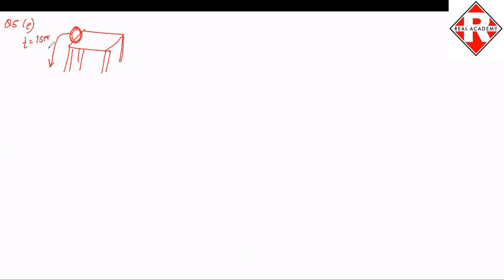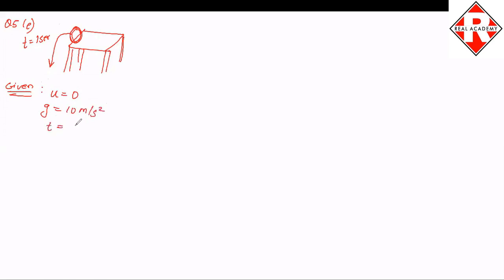Again, we are considering a free fall, right? First of all, given data: I'm considering free fall, so in that case, initial velocity will be 0. Since the ball is falling downwards, it is acted upon by acceleration due to gravity, so it will be positive. So G is given to be 10 meters per second square.